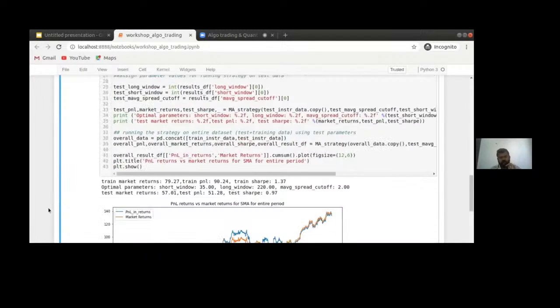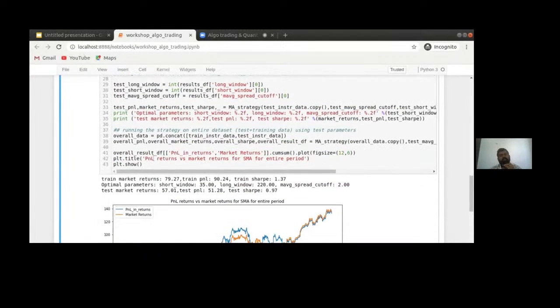So we have our results. This is how it looks. My train market return is 79.27%, my train PNL is 90.24, and train Sharpe is 1.37.